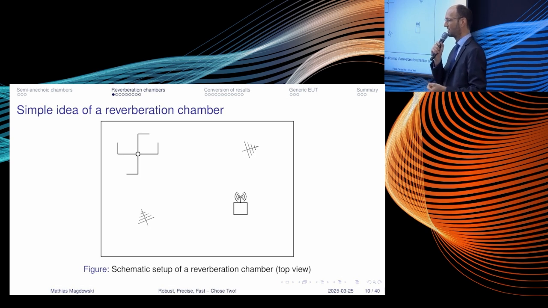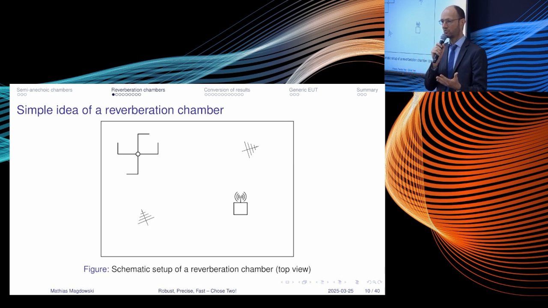It's a little bit like in the saying, if the prophet cannot go to the mountain, the mountain needs to go to the prophet. We would like to keep the equipment under test in place, and we would like to move the field around. And moving the field around works with a large metallic object with large metal surfaces that change the reflection of the waves.